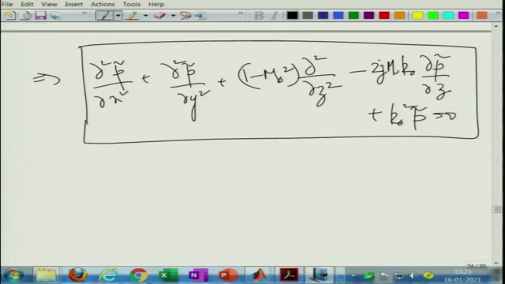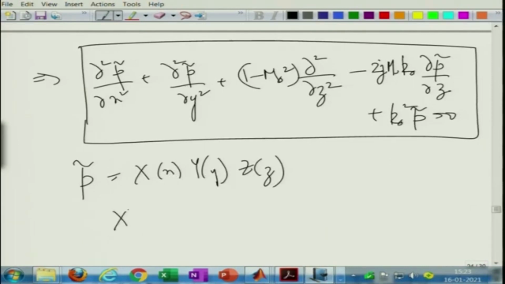So, this is clearly an equation that can be separated in the 3 orthogonal directions x, y, z. This is a separable coordinate system. So, what we really need to do is assume p is equal to X of x, Y of y, Z of z.